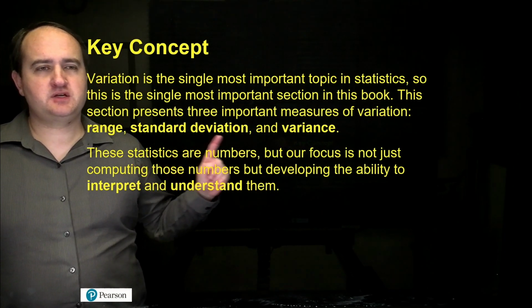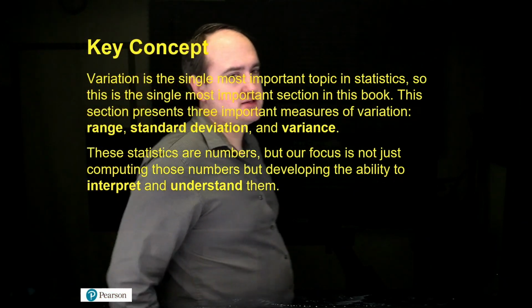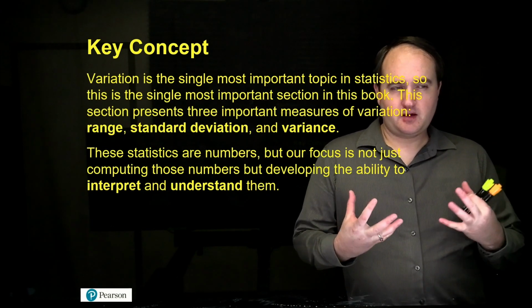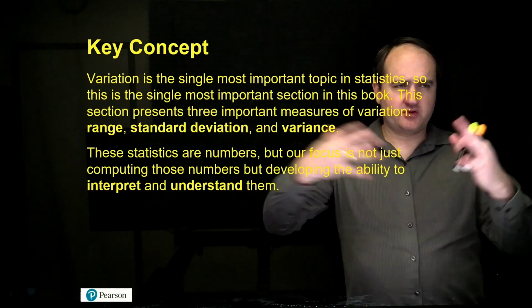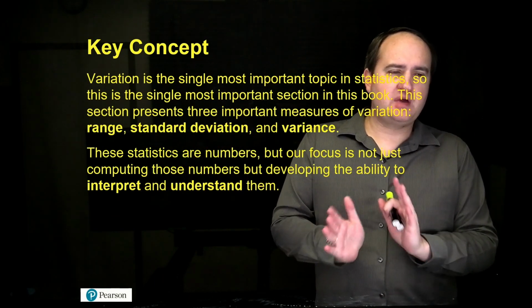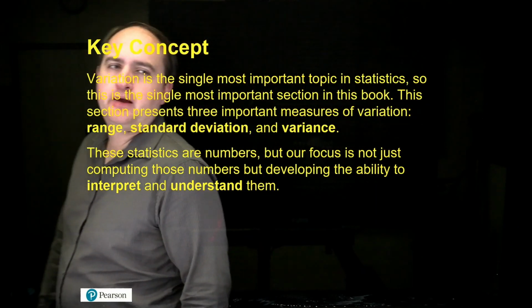The standard deviation and also the variance are used all the time by statisticians and scientists all around the world as a measurement of how much the data values are spread out. Well, we can measure that, and that's what those two are useful for.